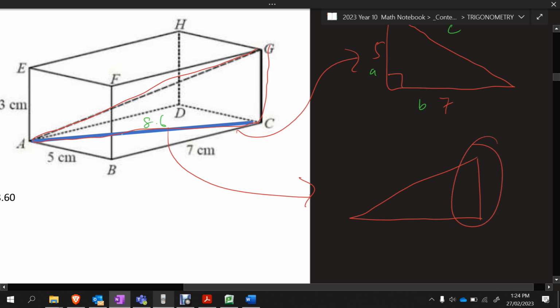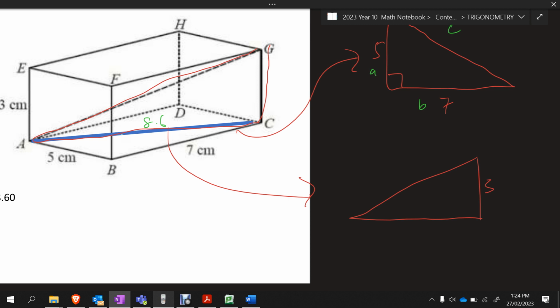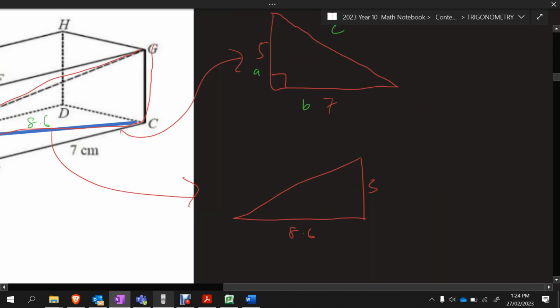This one. 3, good. And what would that bottom length be? So this bit here. It's right there. It's in green. 8.6. So that's going to be 8.6.